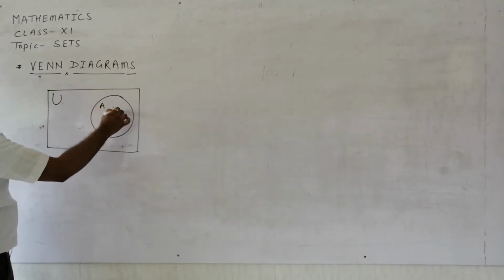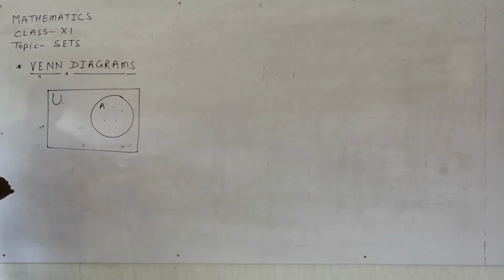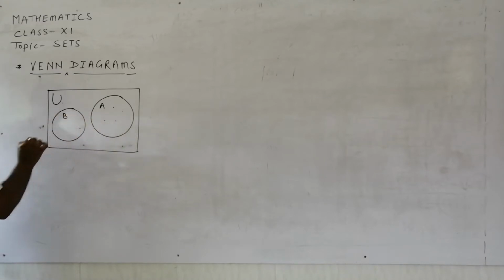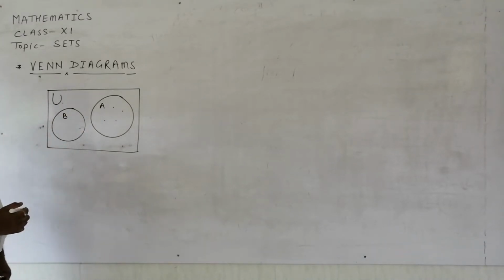Elements of the sets can also be represented by dots like this. If there are two disjoint sets A and B, then we can represent them like this. So this is the method of representing sets using the Venn diagram.